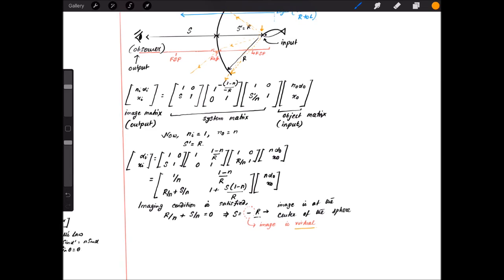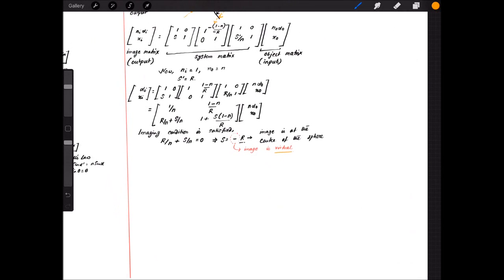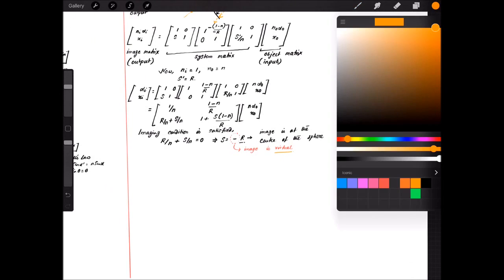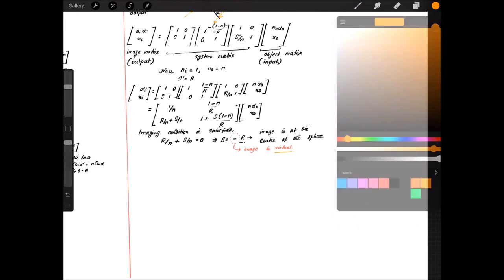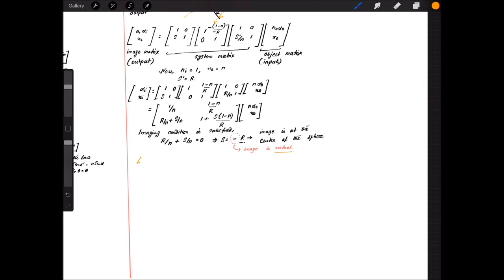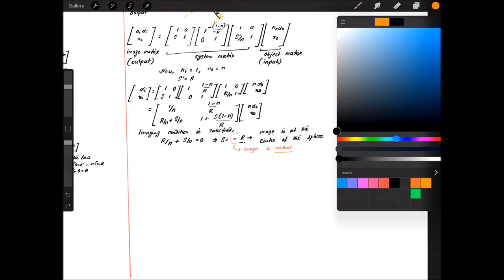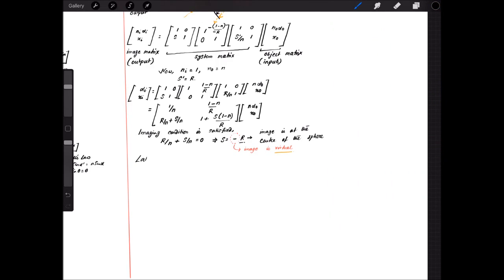Okay, so going forward, let us calculate what the lateral magnification would be. Lateral magnification, we know, is image distance over object distance.